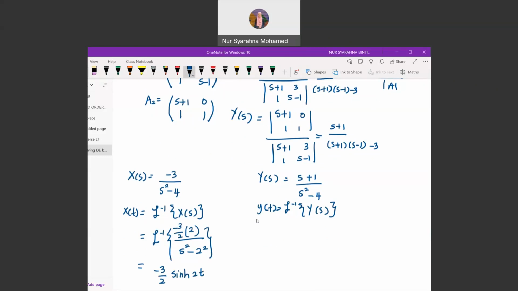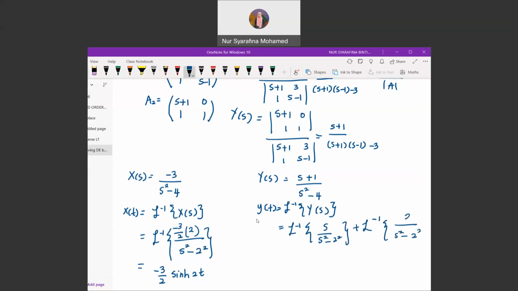And then for y(t), same process. We inverse transform s over s squared minus 2 squared plus, we just put it one by one fraction here, 1 over s squared minus 2 squared.